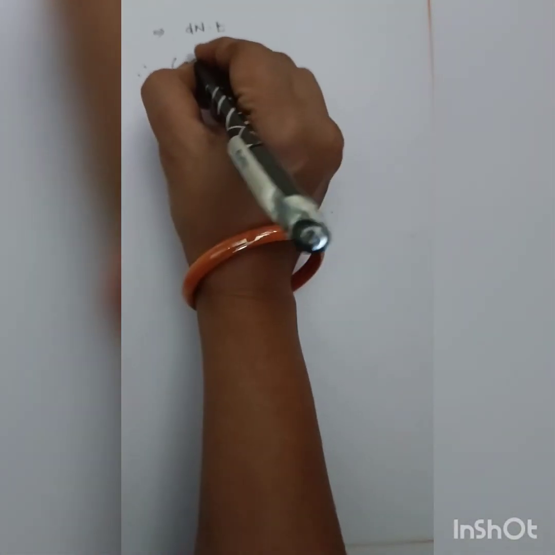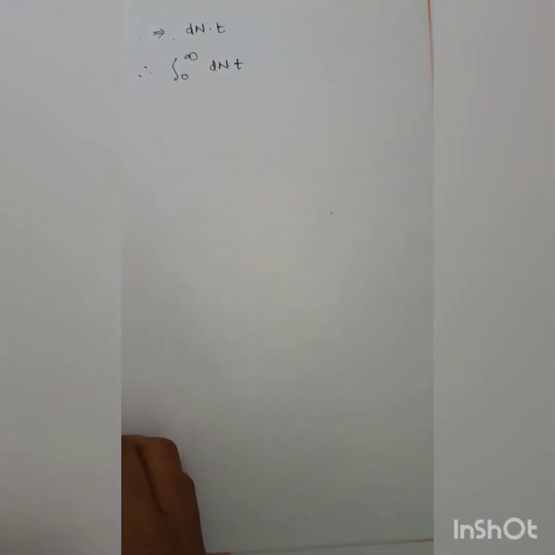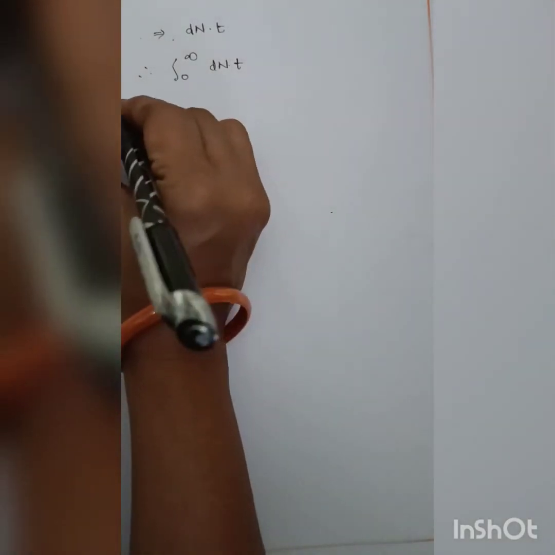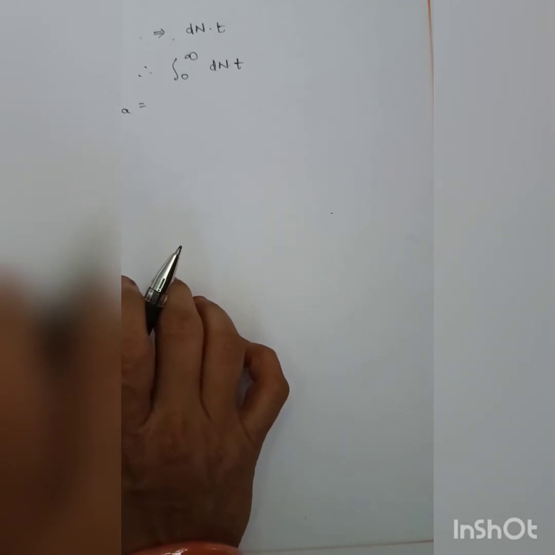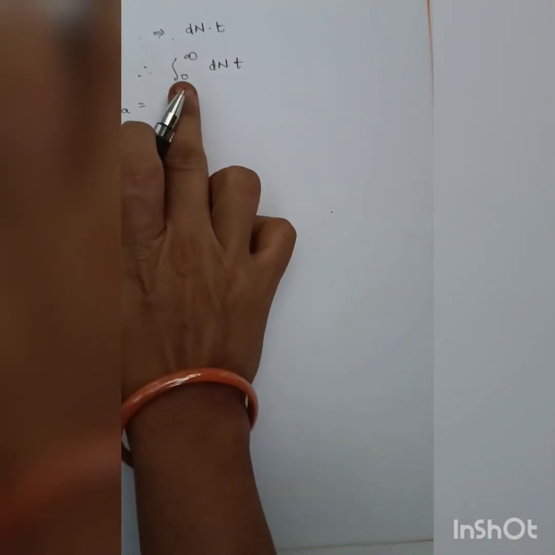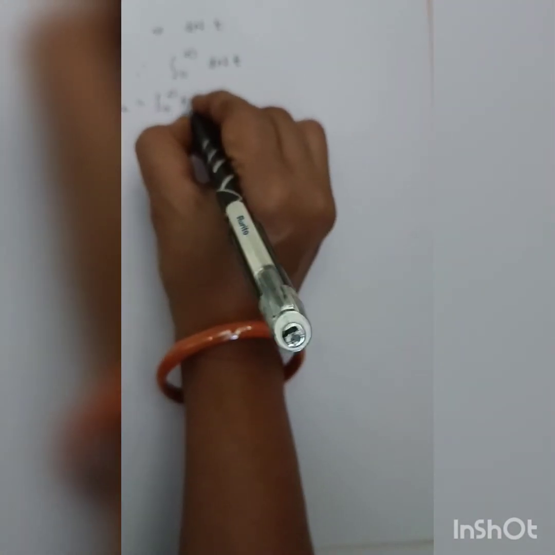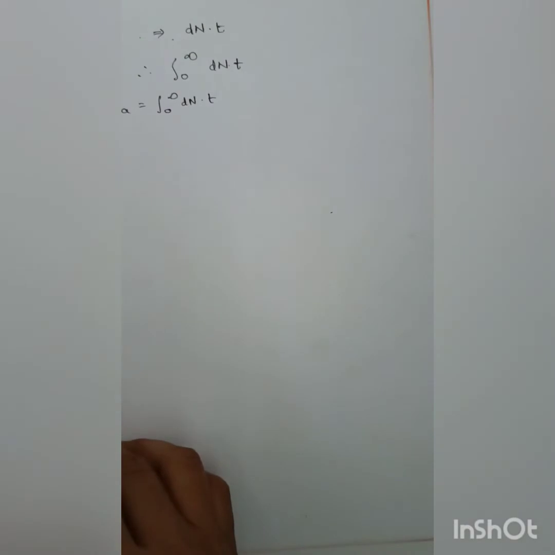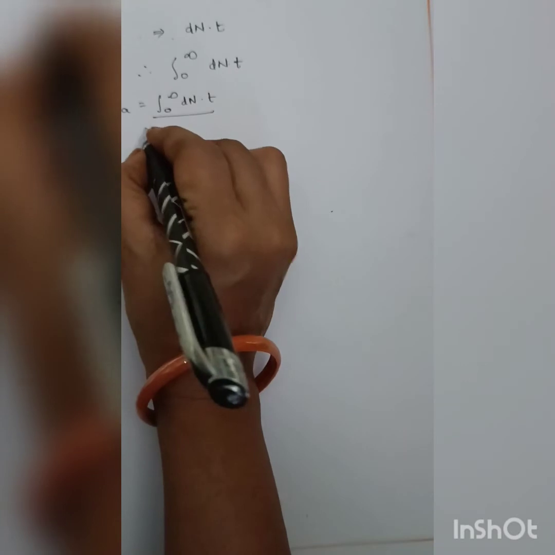Therefore, what we get is the integral from 0 to infinity of dN into t. Now the average lifetime can be written as T_a equal to the sum of lifetimes of the total number of atoms, that is, integral from 0 to infinity of dN into t, divided by the total number of atoms.